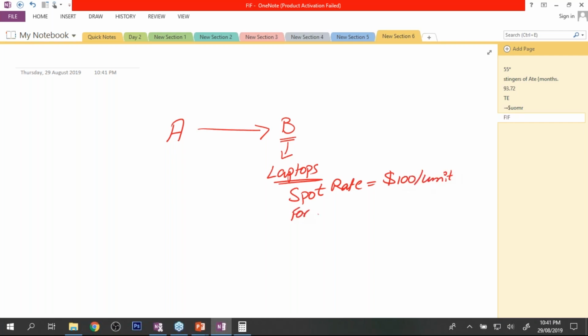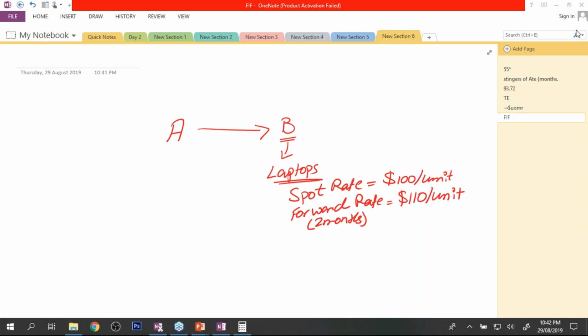And we are making a forward contract, a forward rate agreement for 2 months forward, where we are locking a rate of how much? $110 per unit.